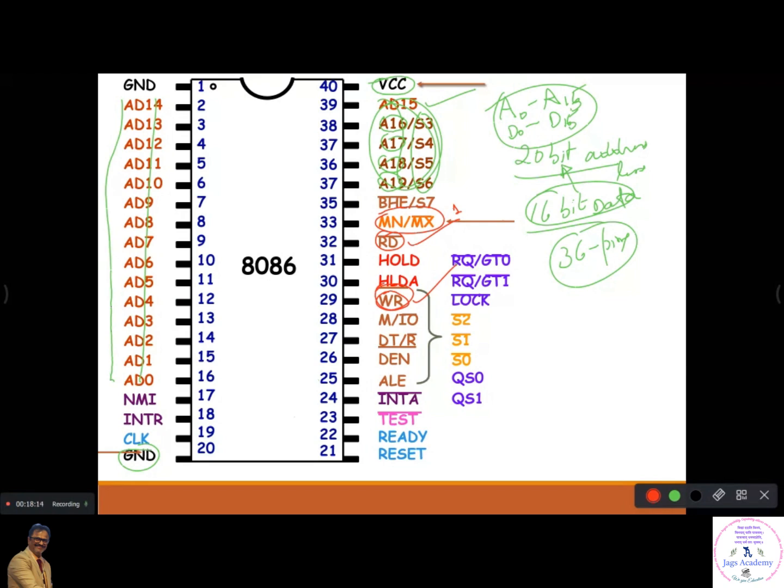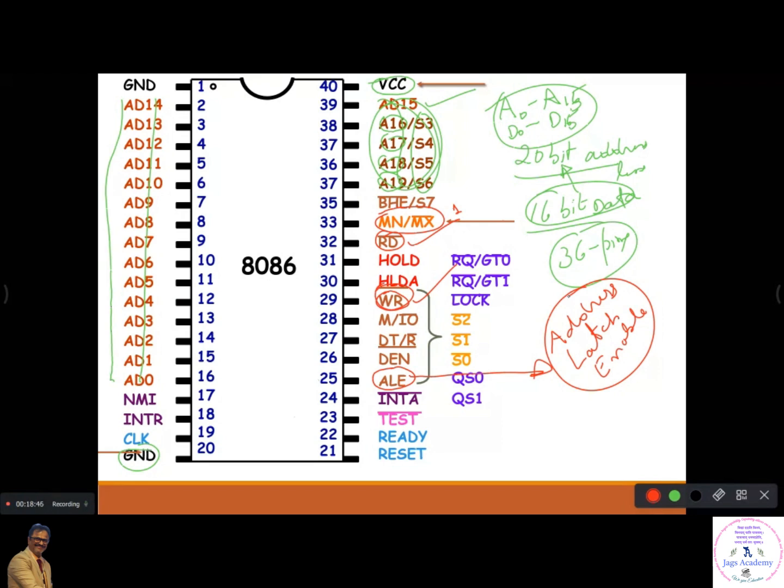Certain signals will be very useful for you. See, there is something called ALE here. What is this ALE? I will tell you only important signals. ALE is called address latch enable. And what does it do? This is the signal which converts your multiplexed address data lines to address lines.